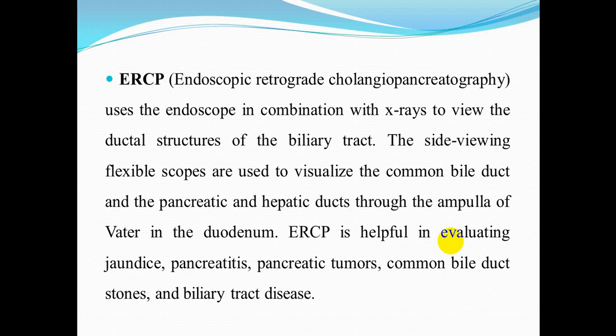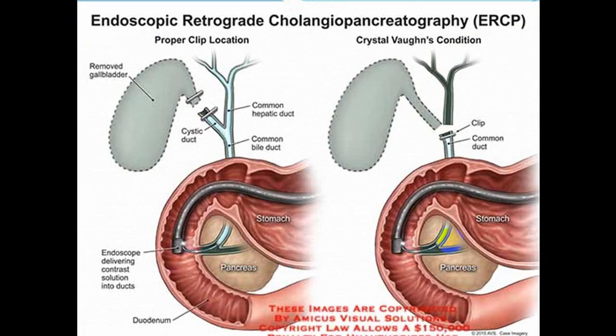Through the ampulla of Vater it enters the duodenum, and it does not stop at the duodenum but enters the bile duct and pancreatic and hepatic duct. ERCP is helpful in evaluating jaundice, pancreatitis, pancreatic tumor, common bile duct stone and biliary tract disease.